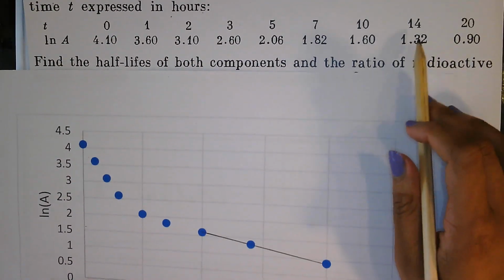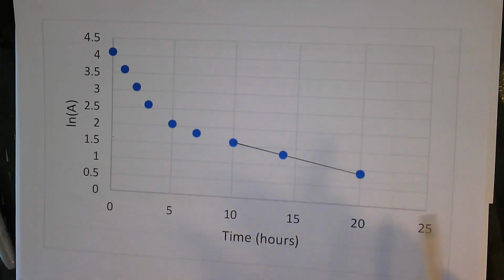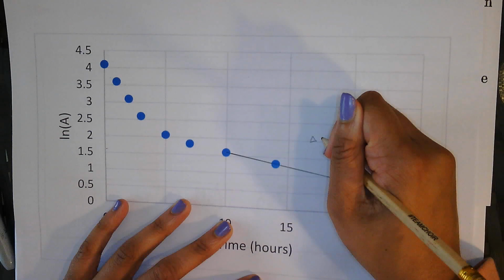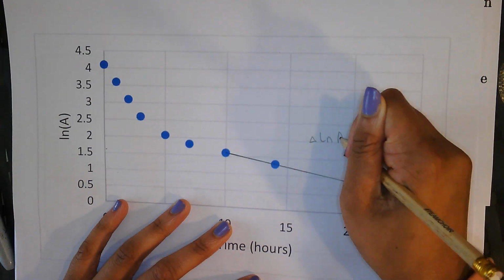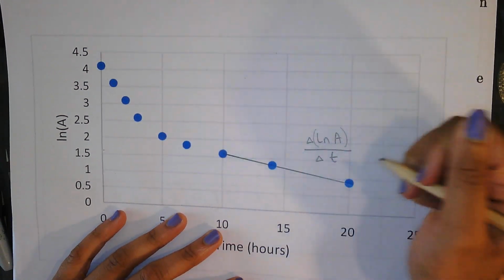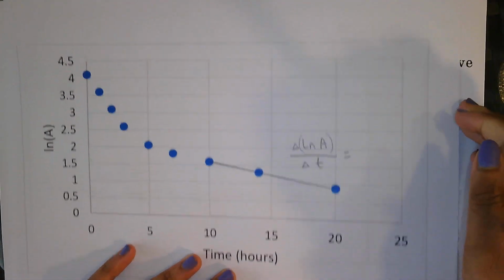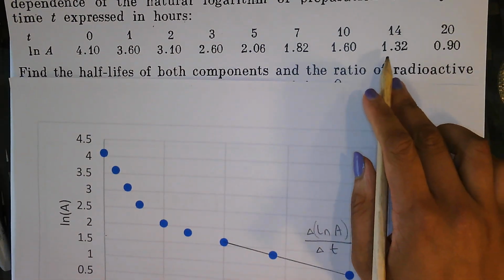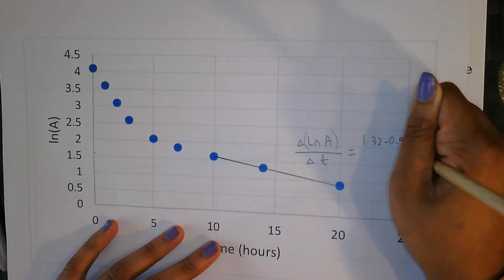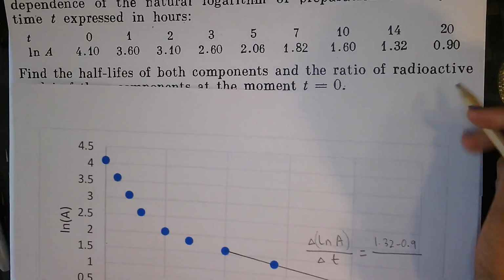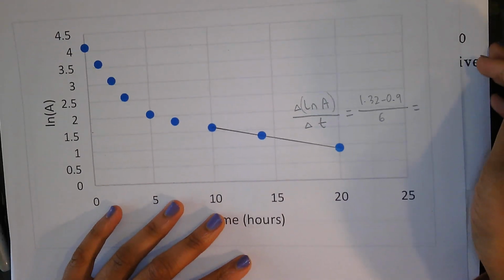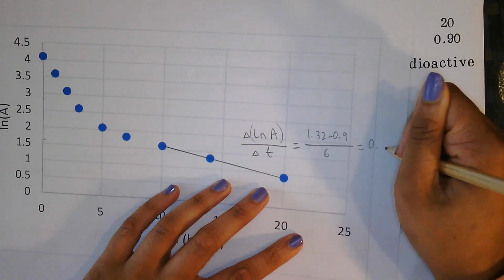If I do it for between 14 and 20 hours, so between these 2 points here, I can say that delta ln A over delta t is equal to 1.32 minus 0.9 over 6, and that is equal to around 0.07.